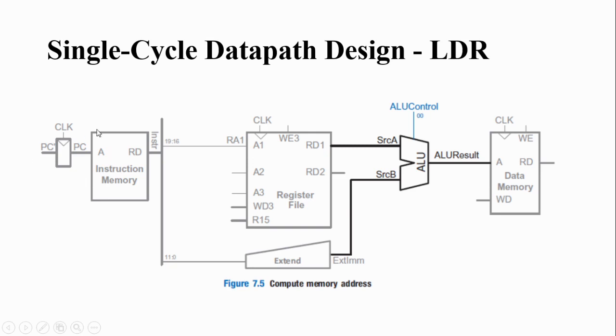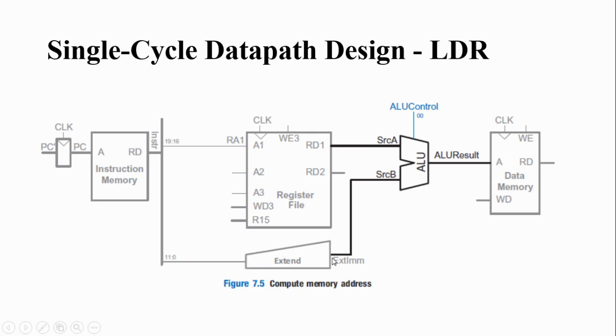So in the first step, you have read the first instruction by using PC and instruction memory. Then from that decoded instruction, bit number 16 to 19 is used for decoding the base address. So here you are configuring the base address, then the base address value will be available here. In the same instruction, bit number 0 to 11 is used for specifying the offset.